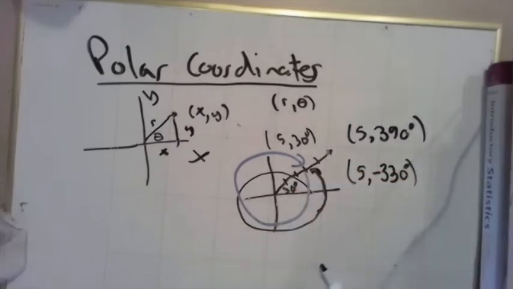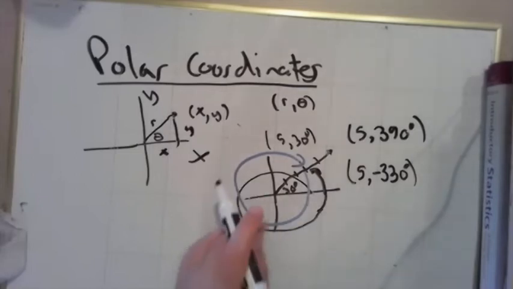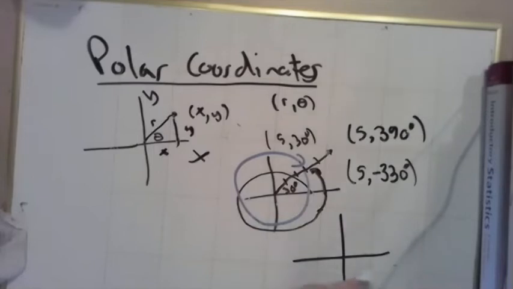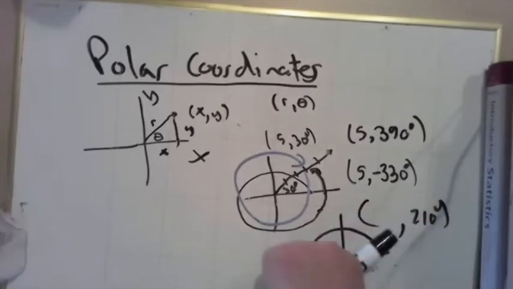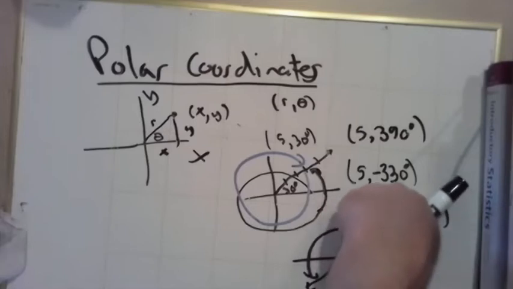Or we could do this, and this will look weird, but mathematically we allow this. I could say, I want you to rotate, we'll do it as a positive, 210 degrees. See, you're facing that direction. You're facing down, but I want you to walk backwards. So facing that way, walk backwards 5 units.